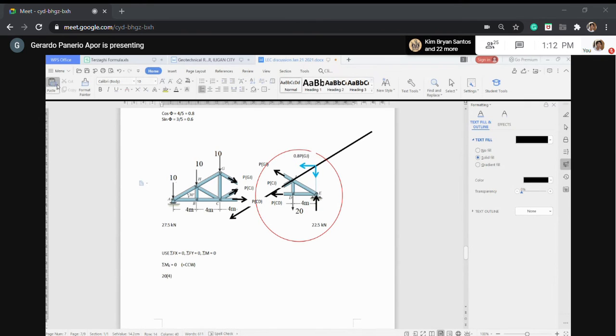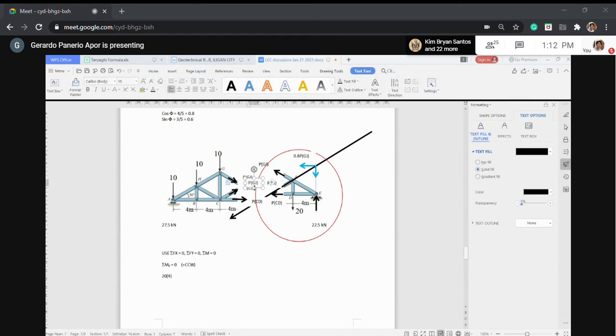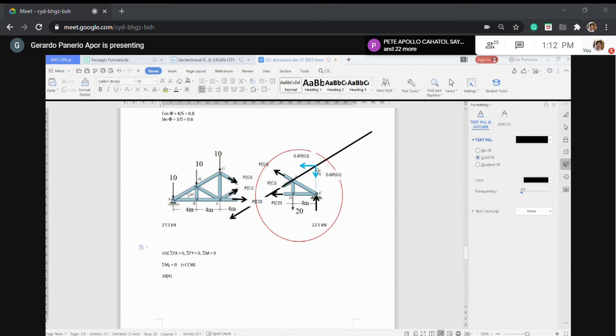Okay, so we have another here, while this one is sine of theta. It says 0.6 of PCG.